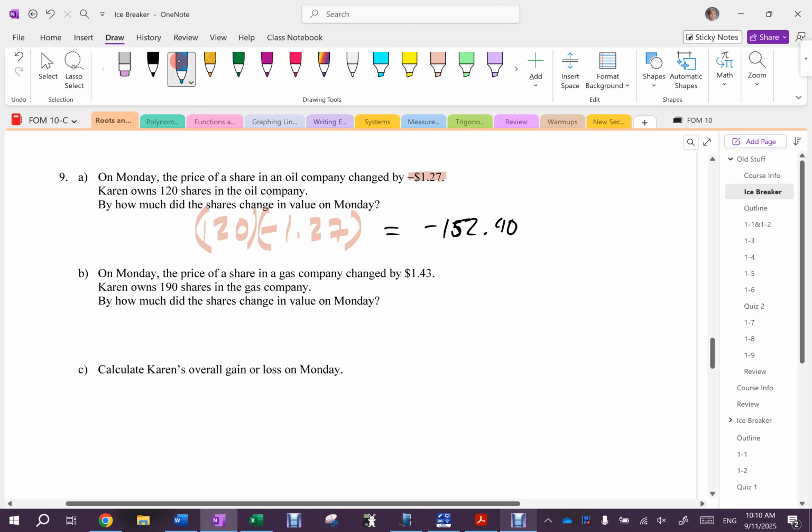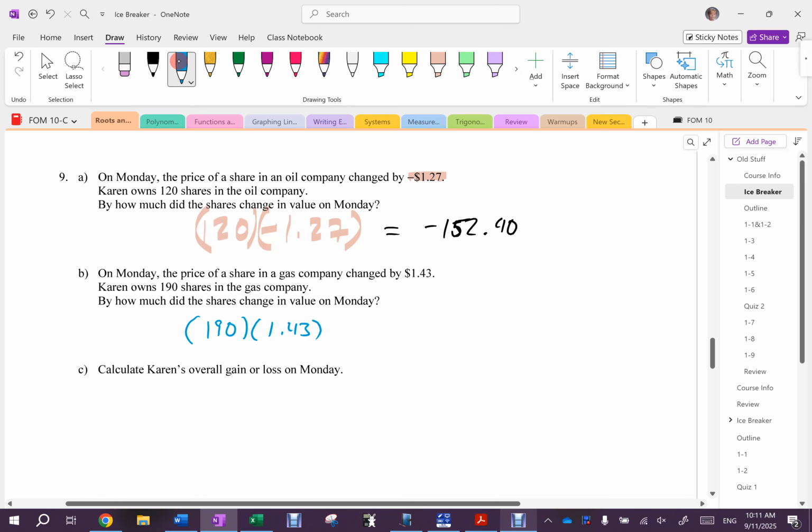All right, so Karen spoke to the manager, and 190 times positive 1.43. Now that's close to 1.5, so that's 190, and half of 190 is 95, so it should be around 285.